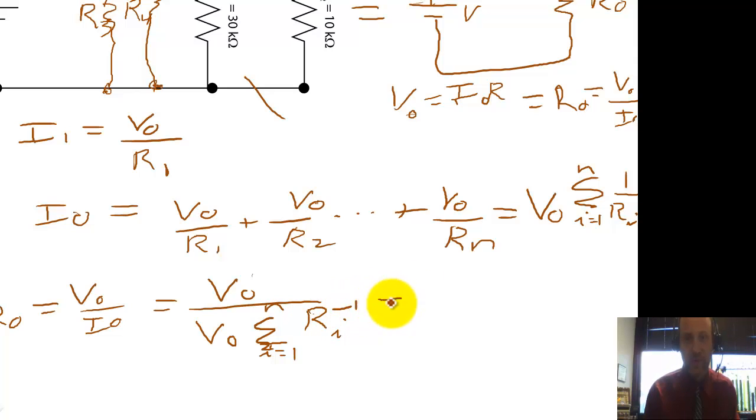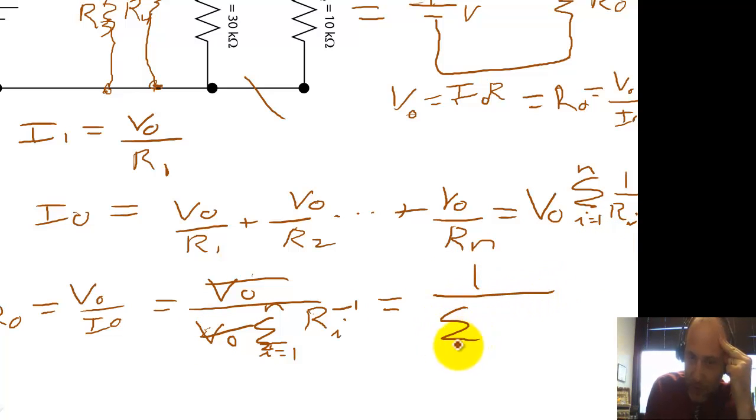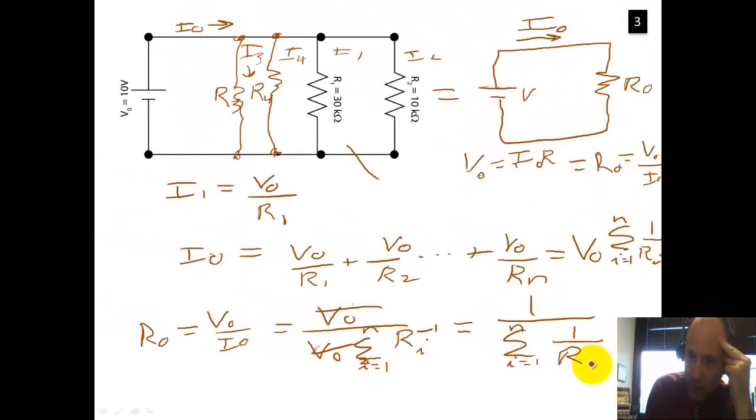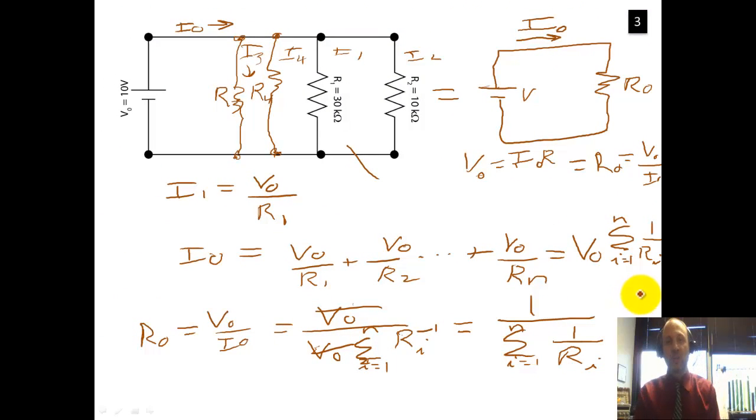So those V naughts cancel, and we get 1 over the summation, i equals 1 to n, of 1 over Ri. So in general, when you have resistors in parallel, you can collapse them all down into one resistor using an equation like this.